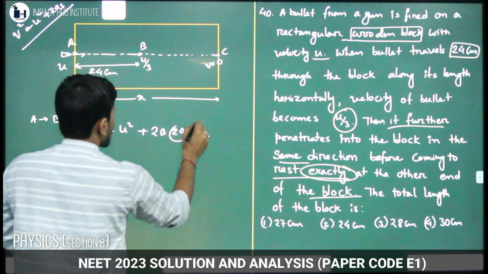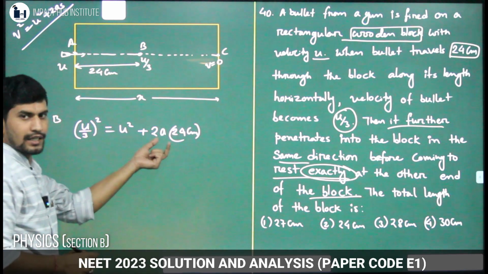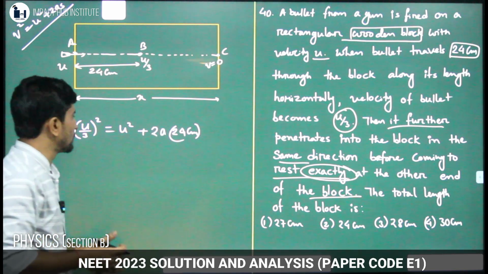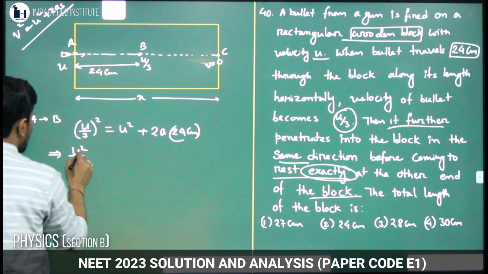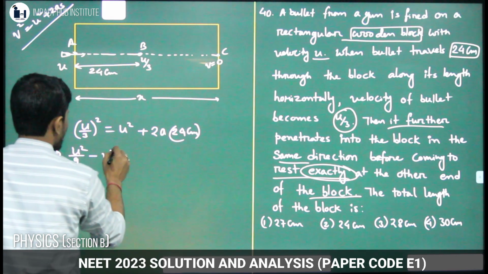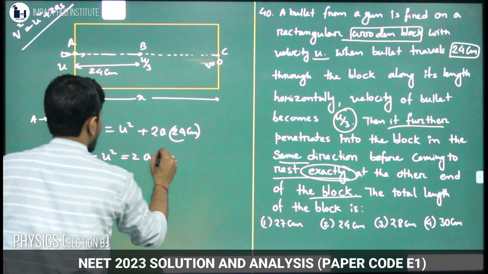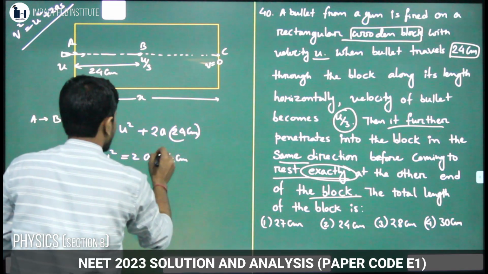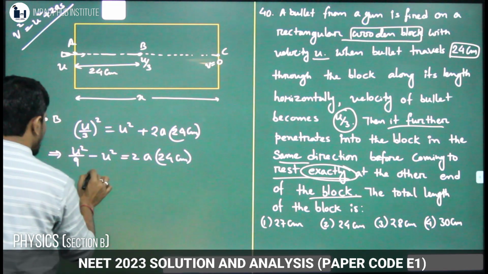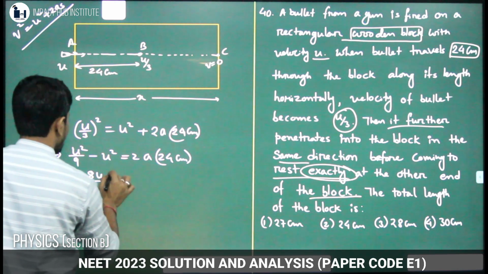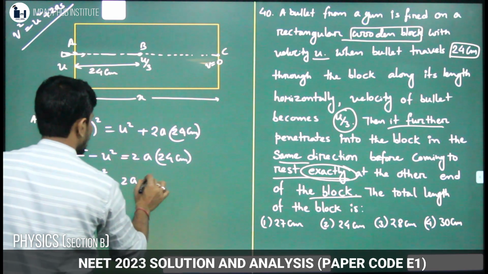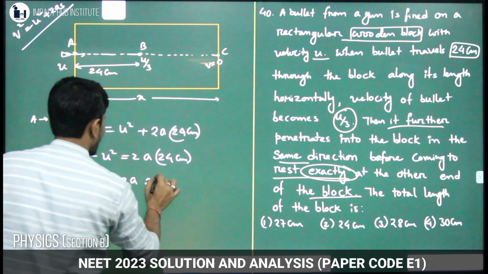I assume this centimeter unit will be cancelled somewhere, therefore I am not writing it in meter. Let me simplify this a little bit. So u square by 9 minus u square equals 2a times 24 centimeter. This will be minus 8 u square by 9 equals 2a multiplied by 24 centimeter.